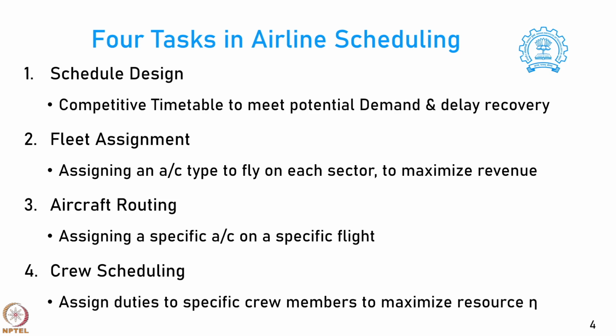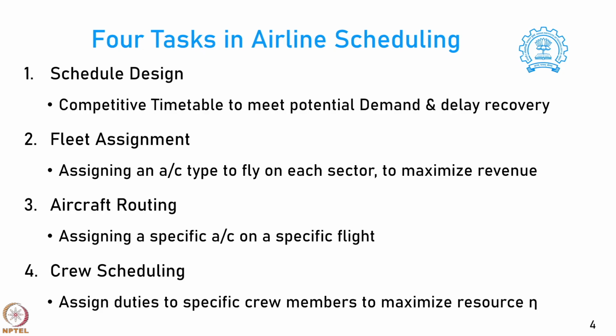And finally, it's not enough to just assign a specific aircraft among the ones available on specific routes. You also have to match it with the crew that will be required to operate the aircraft. By crew scheduling, we mean both the cockpit crew and the cabin crew.